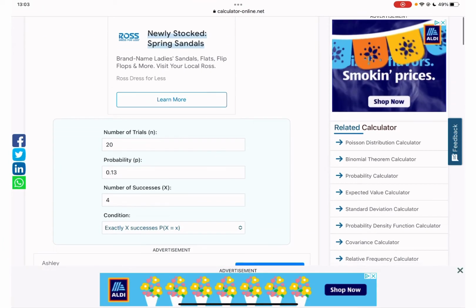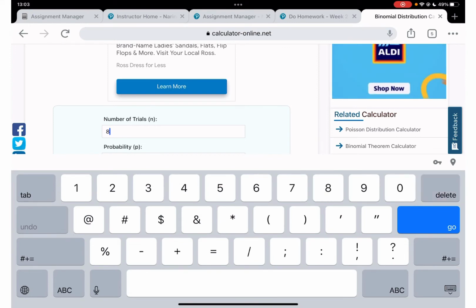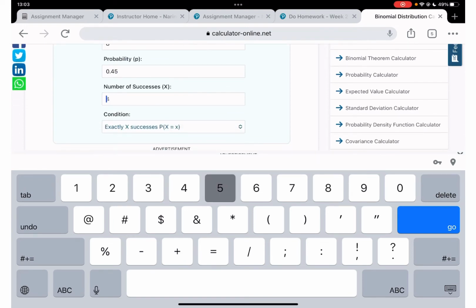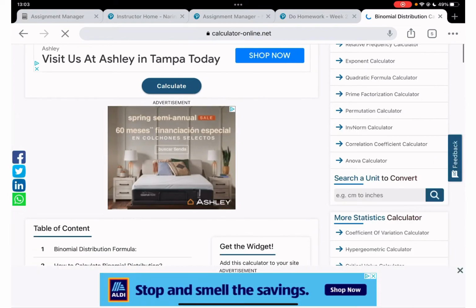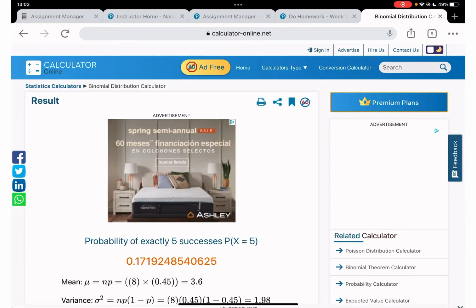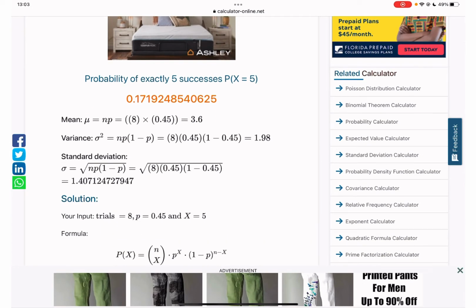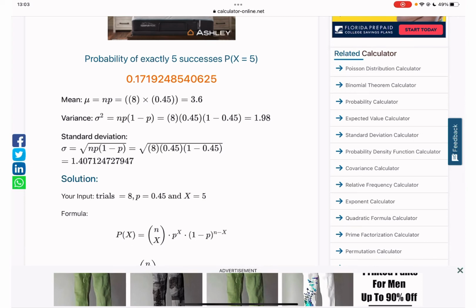Okay, now let's go to the online calculator. Number of trials is 8, probability is 0.45, and number of successes is 5. Calculate. There we go. So we need the probability distribution of x.